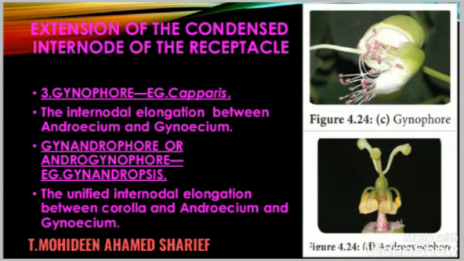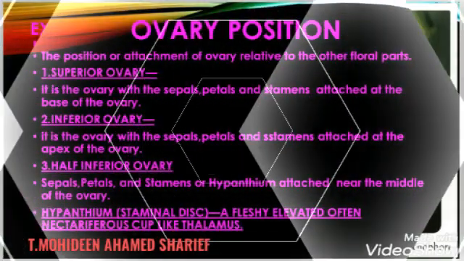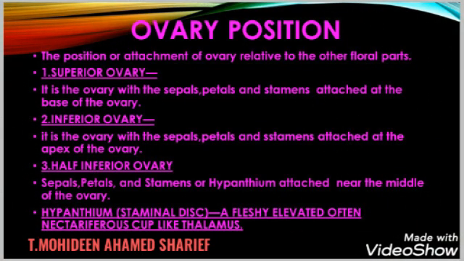Inferior ovary, it is the ovary with the sepals and petals and stamens attached at the apex of the ovary. So in half inferior ovary, it is the ovary with the sepals and petals and stamens or hypanthium attached near the middle of the ovary.